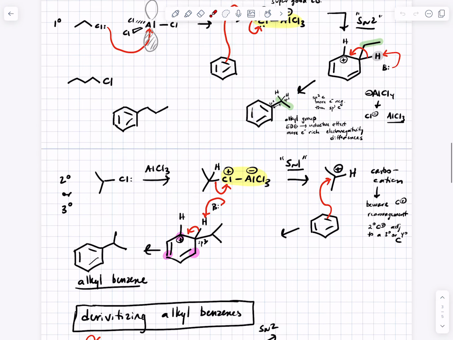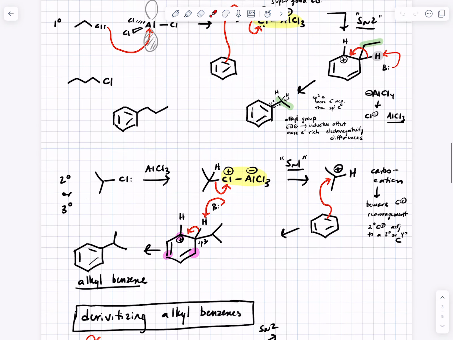The sp2 carbon of the benzene ring to which the CH3 or alkyl group is attached is more electronegative than sp3. It has more s character. sp2 carbons are more electronegative than sp3. So it's purely an electronegativity argument. It donates through a dipole. So not as good of an effect as resonance, but still enough to drive that preference.